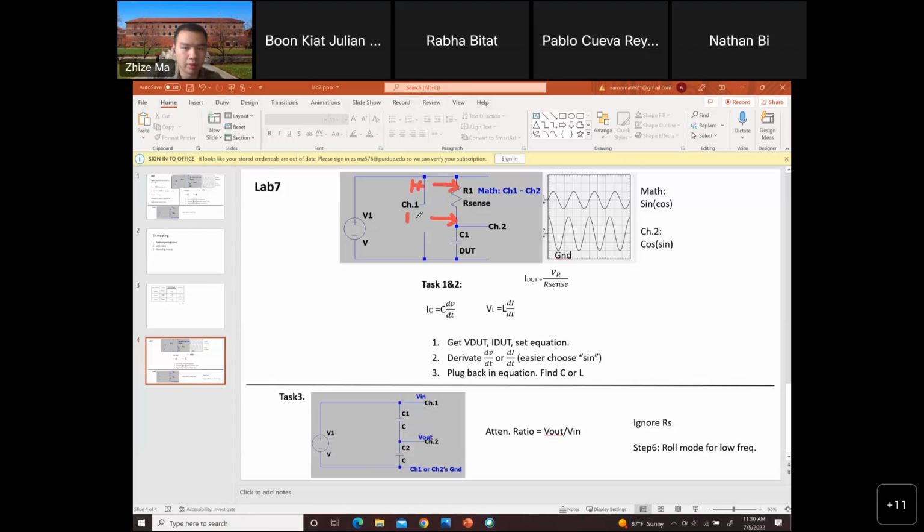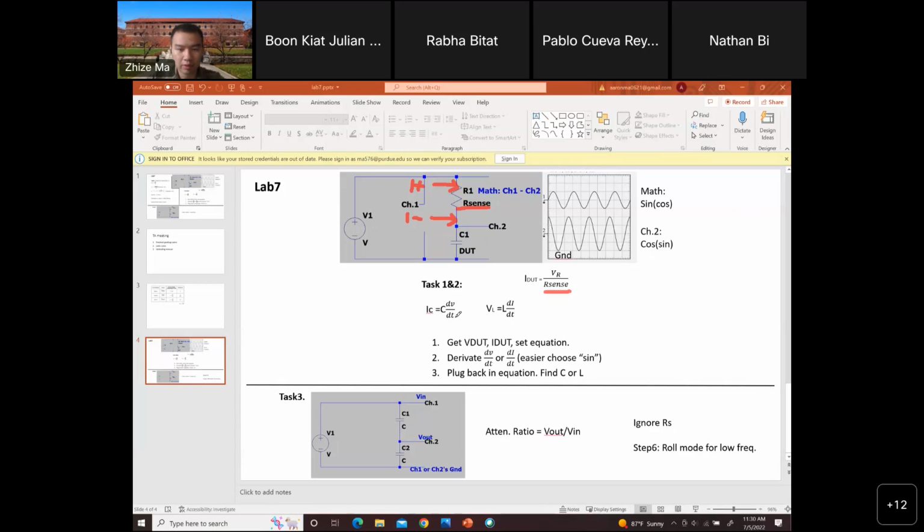Then the AD2 can take a differential measurement. Then the waveform on your channel 1 in the waveform software is the voltage across R sense. Then you just divide by the R sense value, and you get the equation.